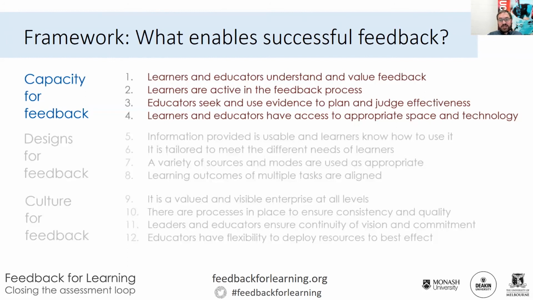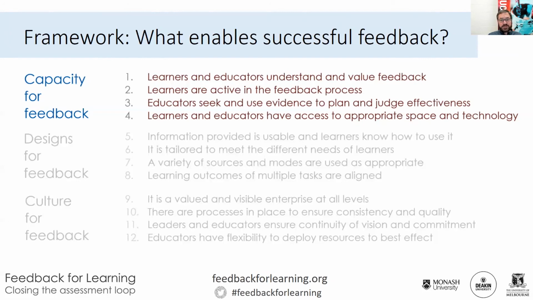So number 2 is learners are active in the feedback process. It's fairly obvious. Number 3, educators seek and use evidence to plan and judge effectiveness. So this is interesting, that we saw that a sustained approach and an evolving approach to effective feedback was when the educators were constantly restless. They were evaluatively restless. They kept wanting to check through the literature, to their own data sources, their own student surveys, and try to keep developing, always tweaking.